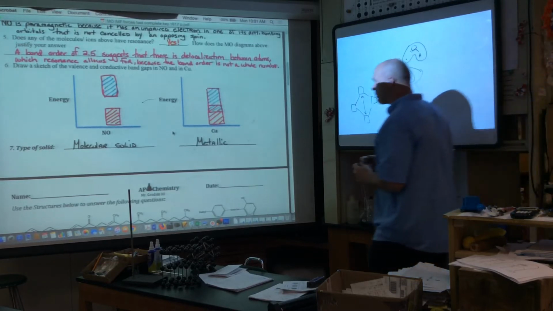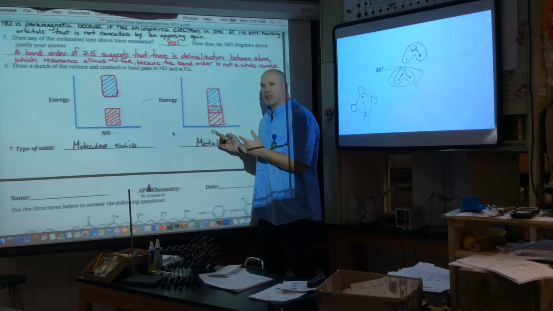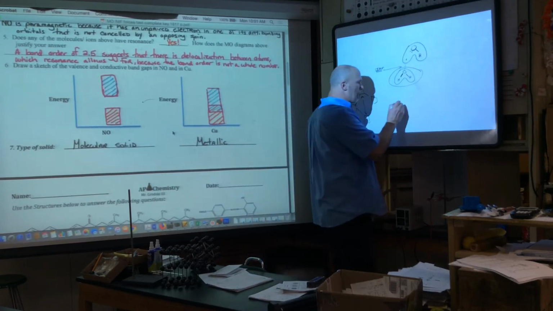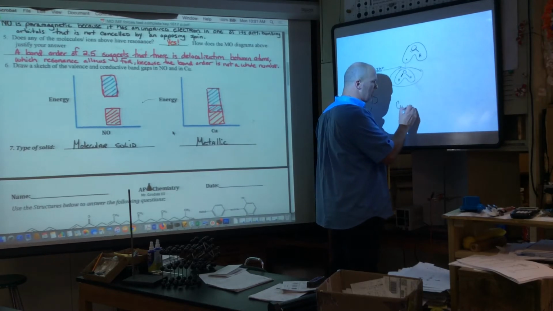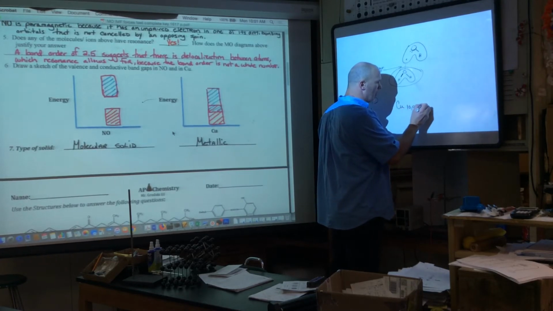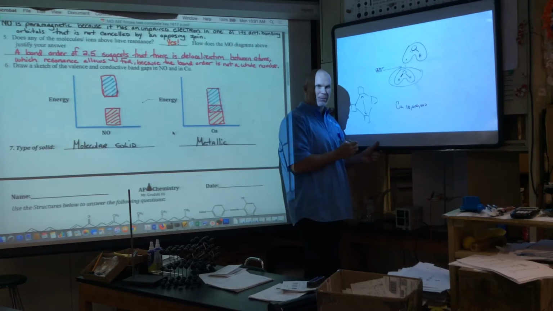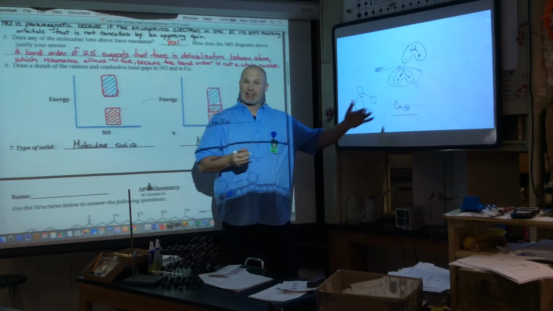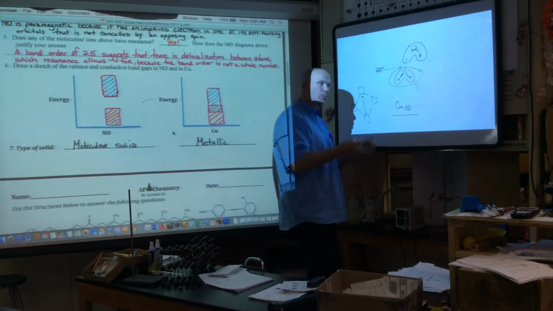Now, in metallic bonds, copper, notice we say copper, and people say, well, that's just an atom. Well, you never say in copper wire, hey, that copper wire is exactly 10 million atoms, and you don't write that as a chemical formula. You would never do that. It's just copper. So anytime you see a chemical formula of an element that's a metal, that's metallic bonding. And what do we know that is?